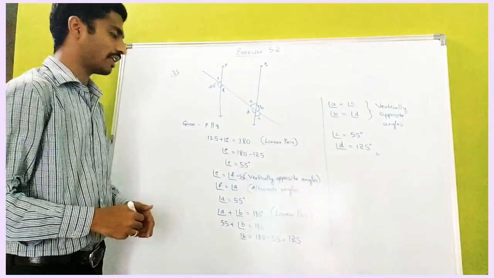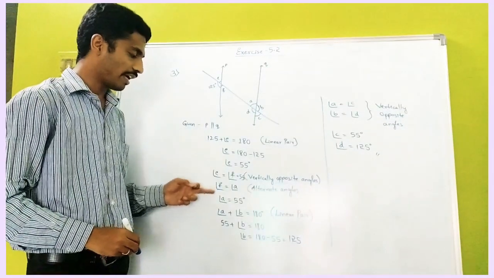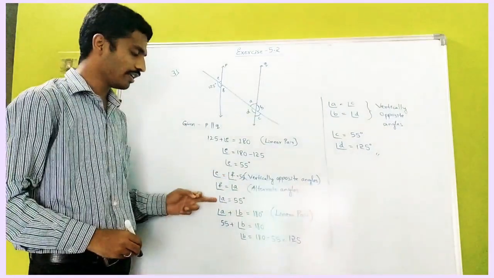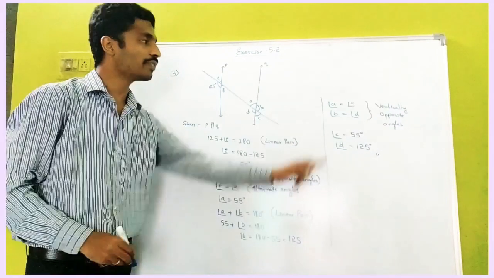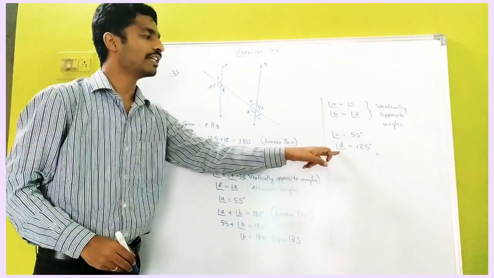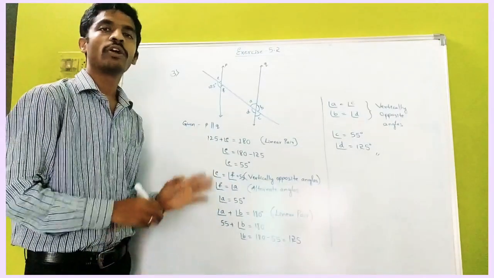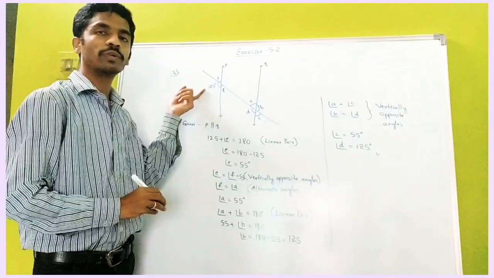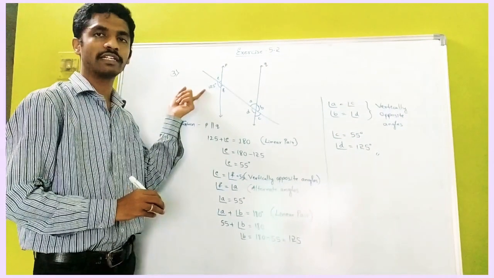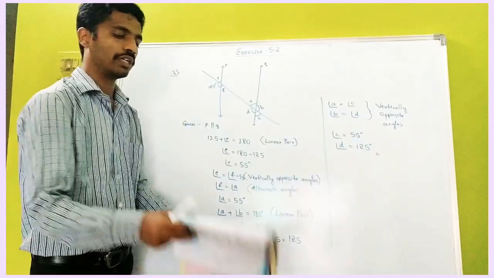So we got all the angles: E equals 55, F is also 55, A is 55, B is 125, C is 55, D is 125. Like this we have to find the other unknown angles along with the one given angle, that is 125. Understood?